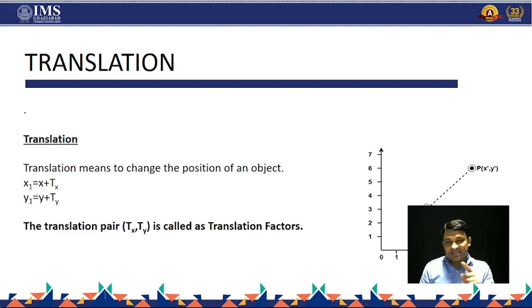Here tx and ty are called the translation factors, meaning the quantities that change the position of an object from the previous position to the new position. They are commonly called tx and ty, the translation factors or translation pair.